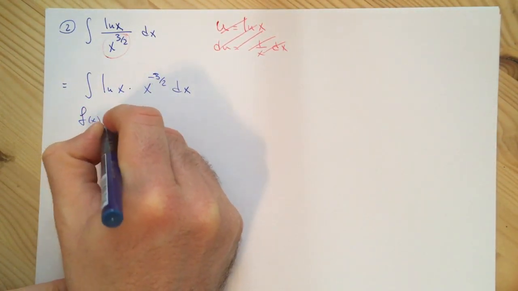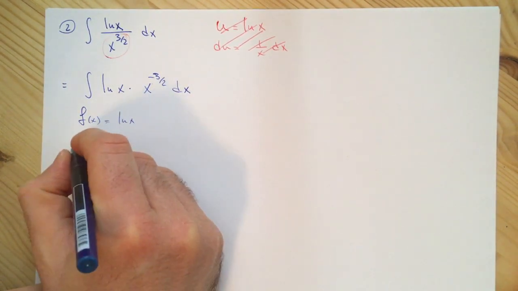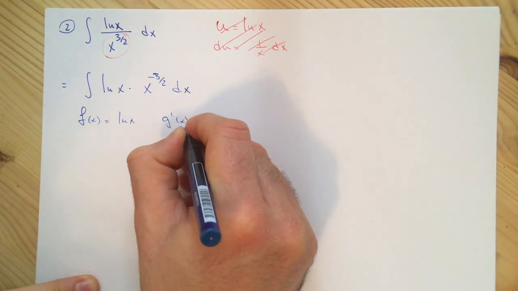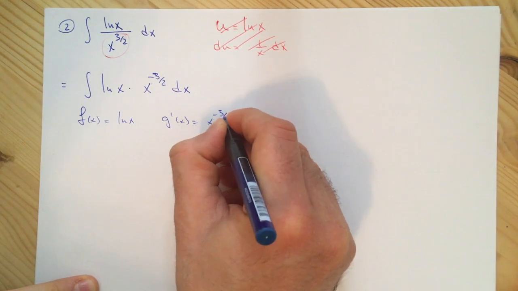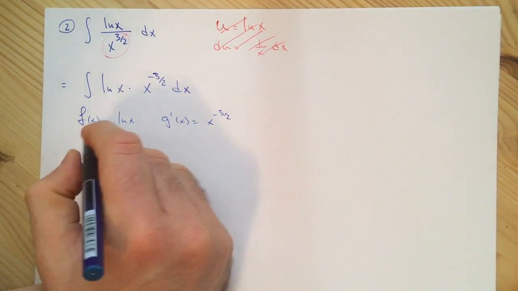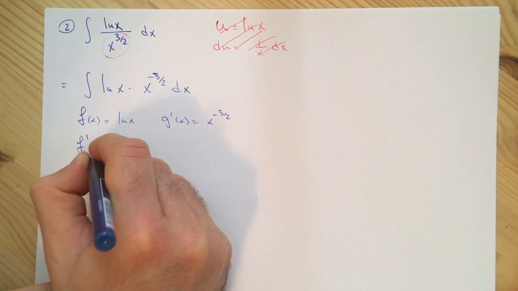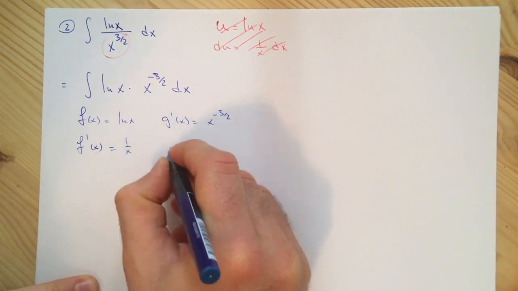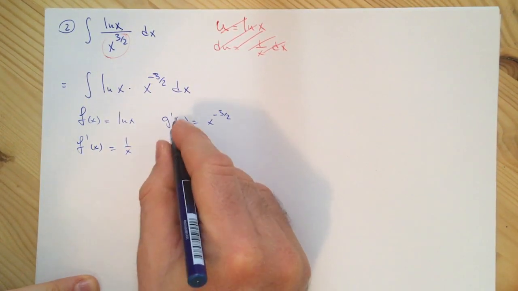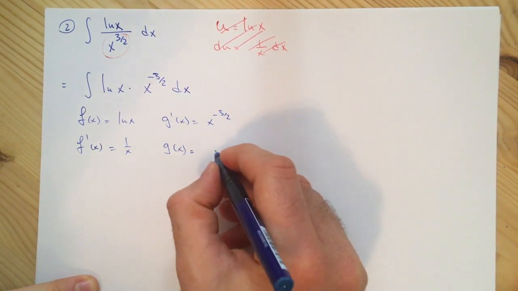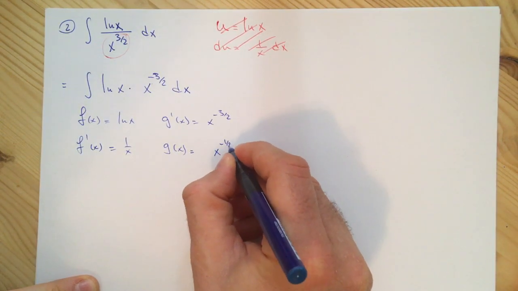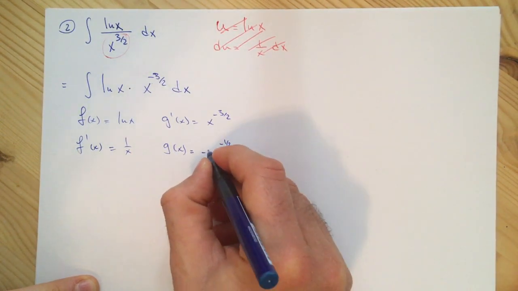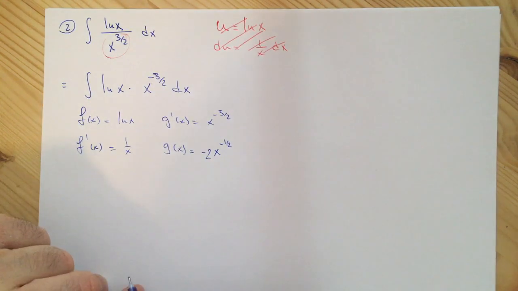So f of x is equal to ln of x, and g prime of x is equal to x to power negative 3 over 2. Then find the derivative of f, which is 1 over x, and the integral of g prime, which is g, and that's x to power negative 1/2 over negative 1/2, which is times negative 2.